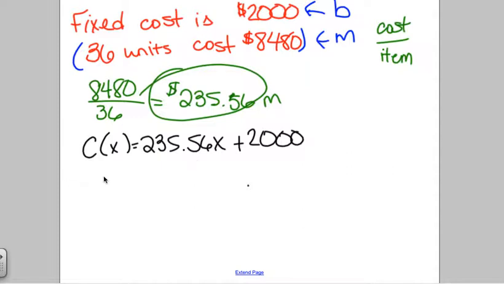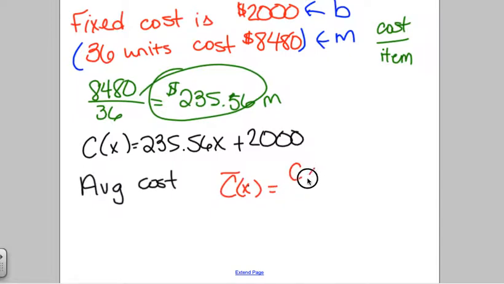What I want to find is the average cost. Because over time, as we start to make money, our cost per item starts to reduce a little bit because we're spreading that cost out over a larger number of items. So we have this formula for average cost. This is the symbol for average cost, it is C of x divided by x.